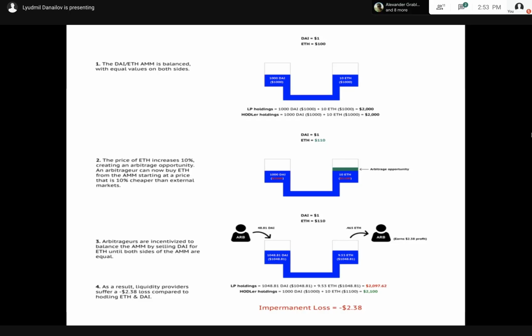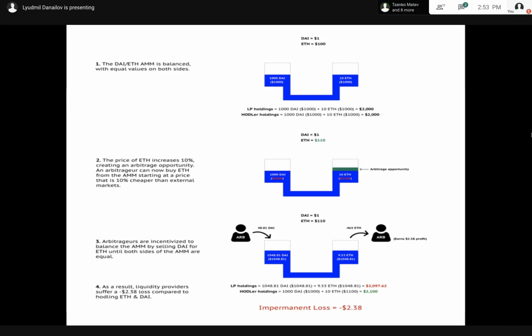Then they're motivated to balance the AMM by selling DAI for Ethereum until both sides of the AMM are equal. And as you can see in the resulting third picture, providing liquidity actually results in an impermanent loss of $2.38.